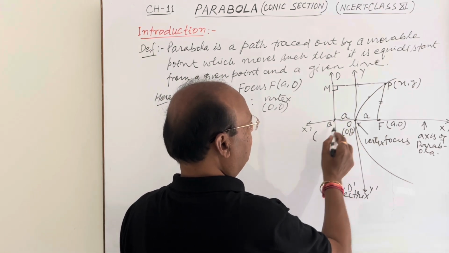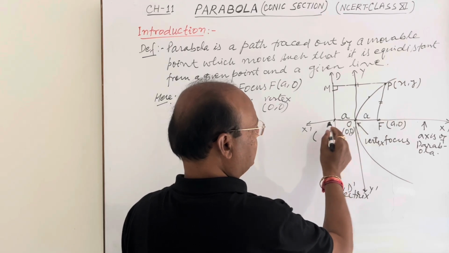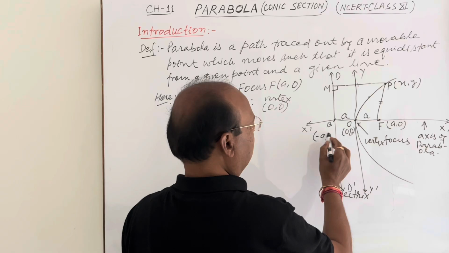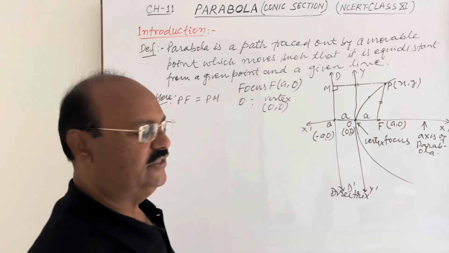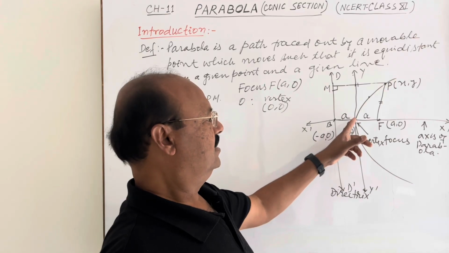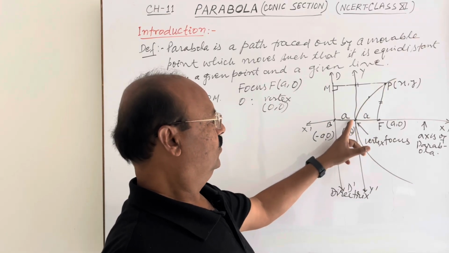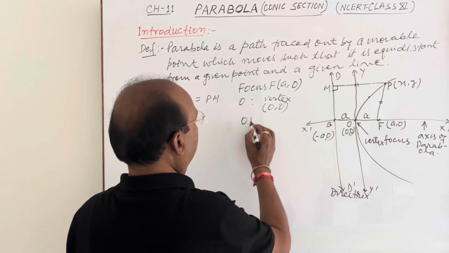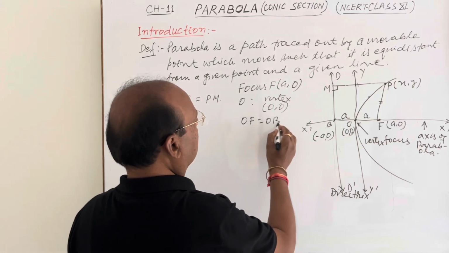The x coordinate of B will be minus a, because it is to the left of the origin. So this is minus a, and the y coordinate is 0. As the origin lies on the parabola, OF is equal to OB.